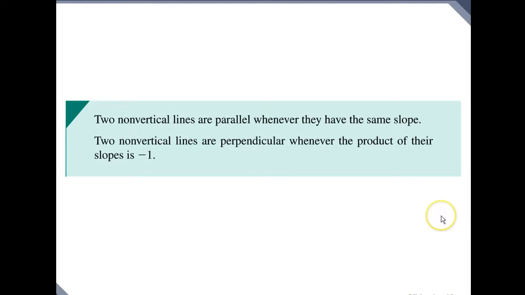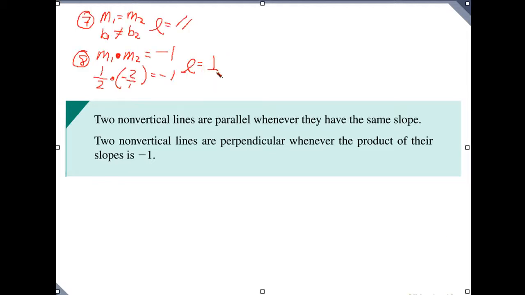Okay, another thing, and then I'll pause. I didn't want to overload you on that first set of formulas, but here are some others. Number 7: here's one slope and it equals the other slope, but the y-intercepts are not equal.